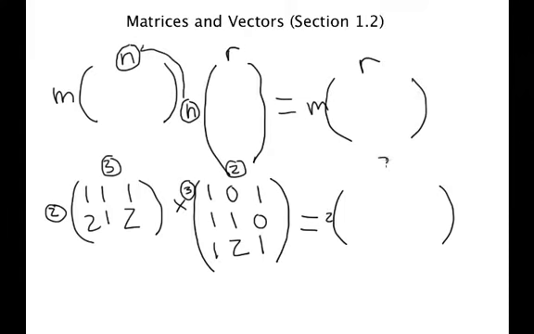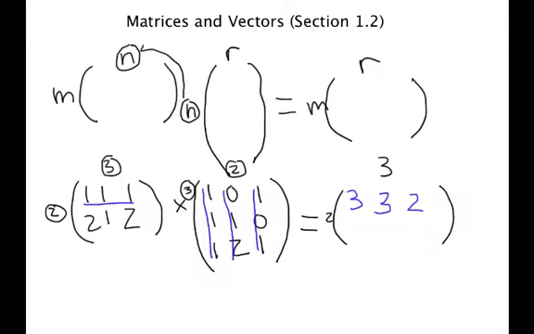2 by 3. And let's see, the first entry, for example, is the dot product of the first row by the first column, which is 3. And then the first row and the second column is 3. And the first row and the third column is 2.